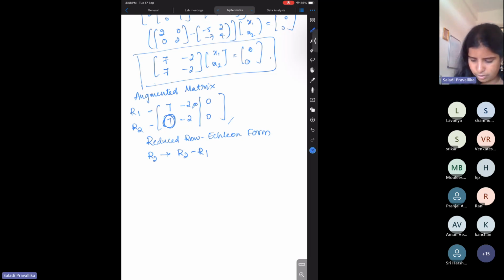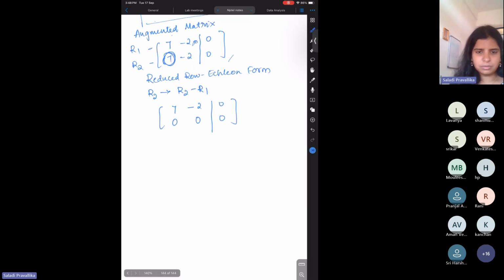If I do this, what will be the value of the whole thing? Okay. R1 will remain the same, right? But R2 is R2 minus R1 now. 7 minus 7, 0. Minus 2, minus of minus 2 is 0. And then 0 minus 0 is 0. Right? Now, that is okay. Now, this one became 0 for me. That is all fine.